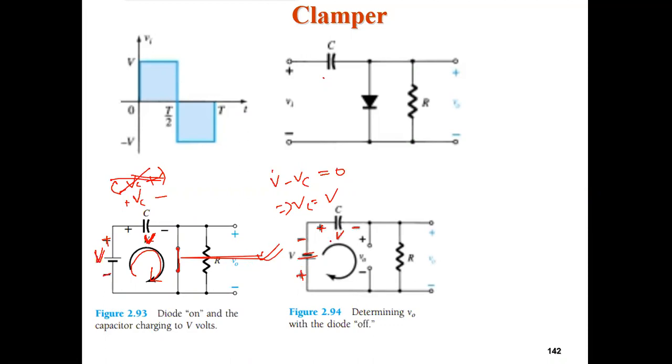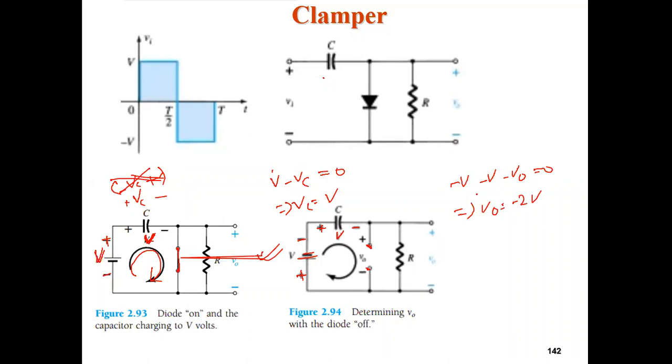Since the diode is now reverse biased, the diode is open. So how much is V0? Applying KVL: minus V, minus V, minus V0 equals 0, which implies V0 equals minus 2V.